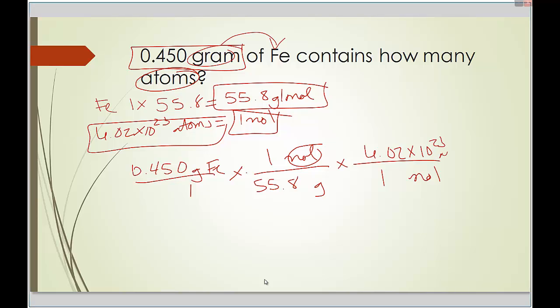Okay, so the biggest issue I see students have on these types of questions is when to use what and where to put the numbers. I've already mentioned grams and mass is the key term for molar mass, which means you're going to be looking at the periodic table.